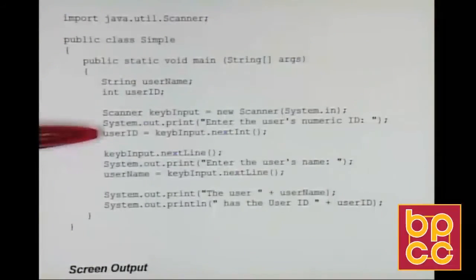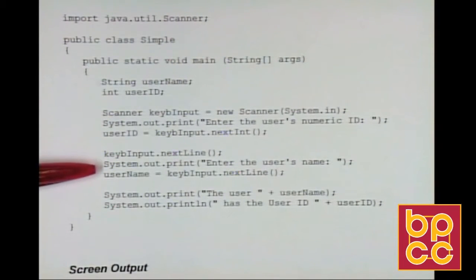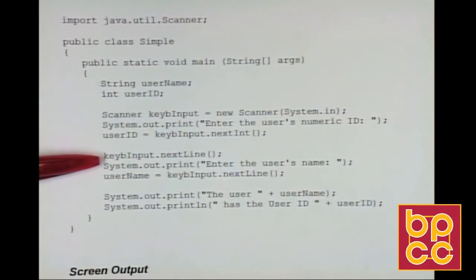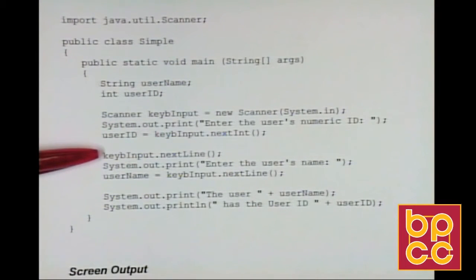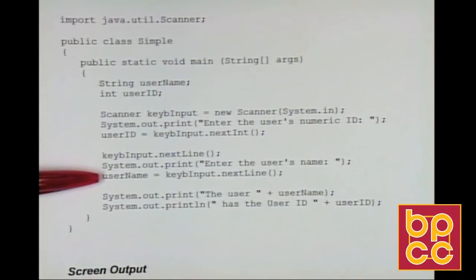user ID. Now, before I can then input the next value, which would be enter the user's name, this text string, I have to do keyboard input next line. This next line operation here will clear the keyboard buffer. If I don't do this operation here, the username would wind up being blank.